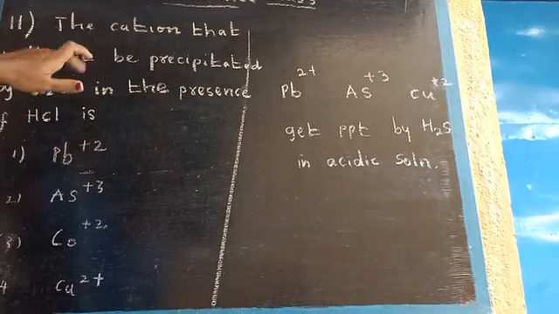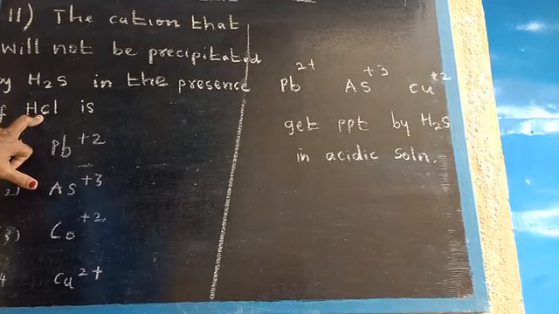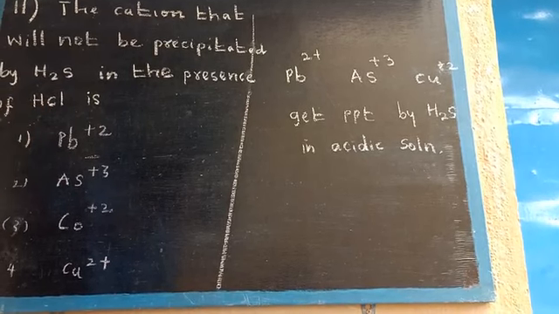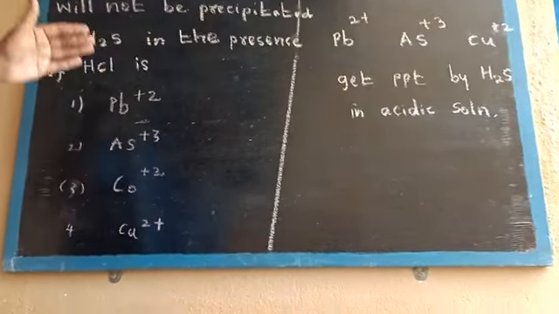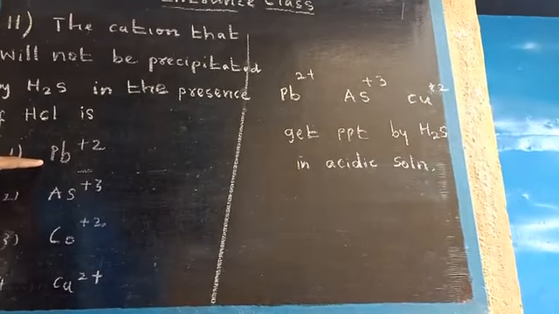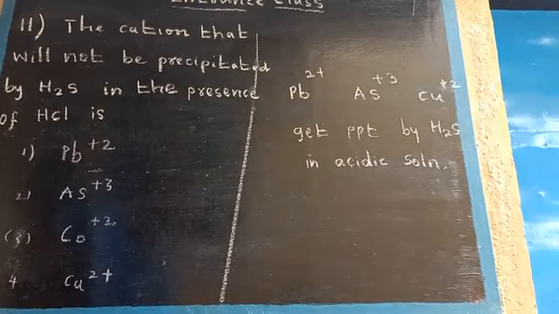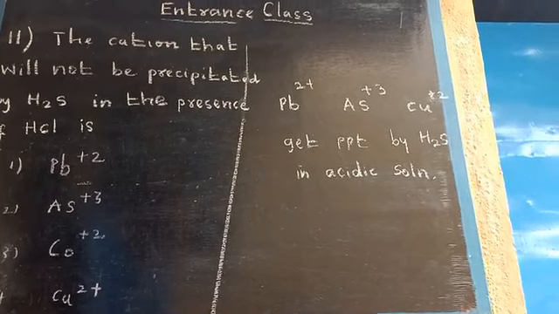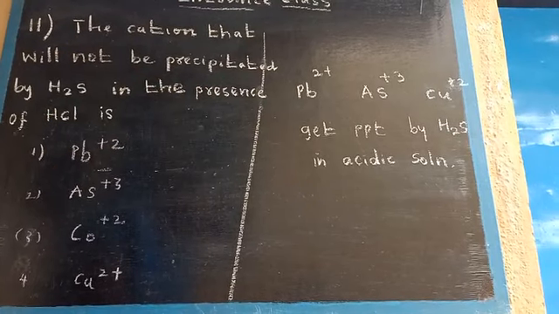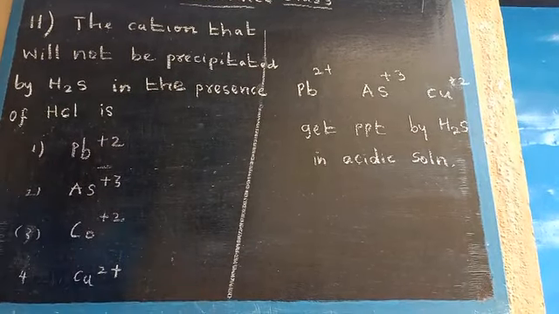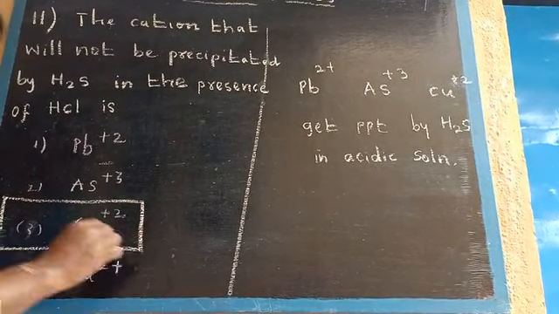Here the options are Pb2+, As3+, Co2+ and Cu2+. Children, we know the concept: in acidic medium, lead, arsenic and copper give the precipitate. So cobalt alone should not give the precipitate in acidic medium.